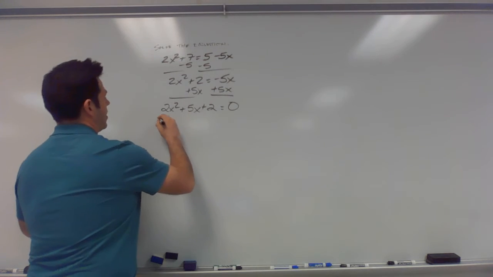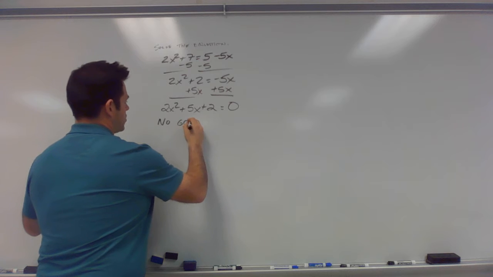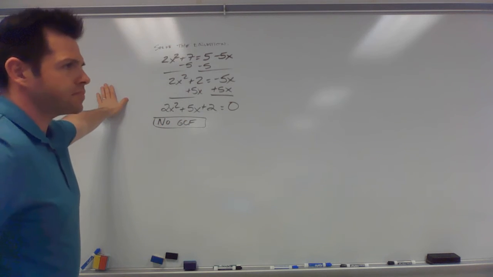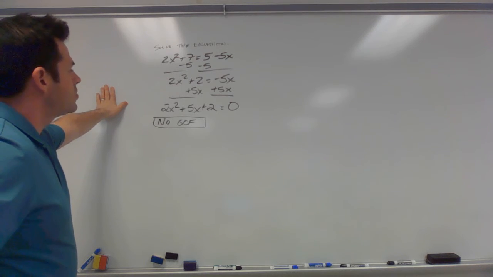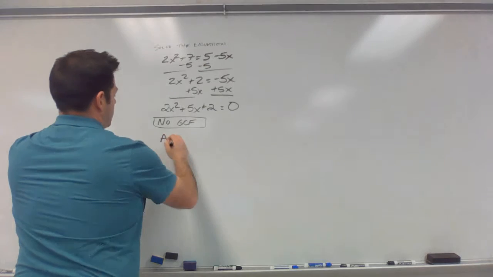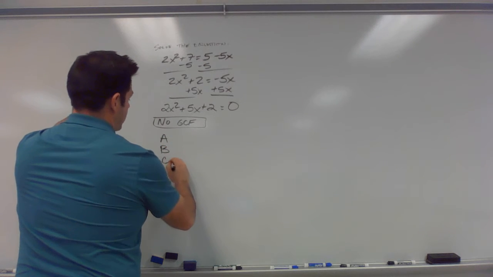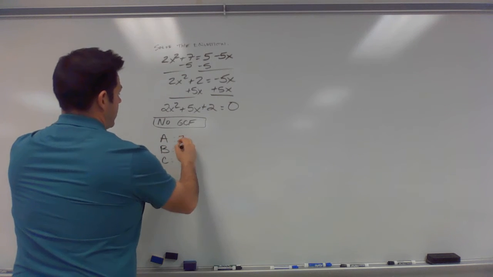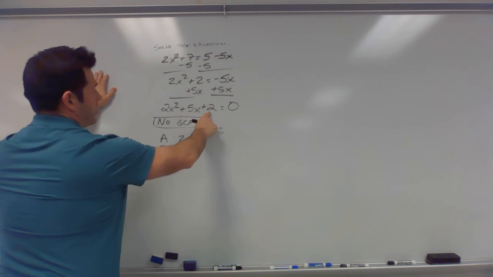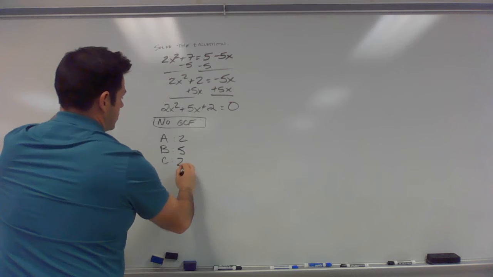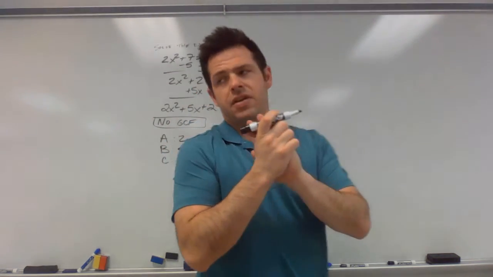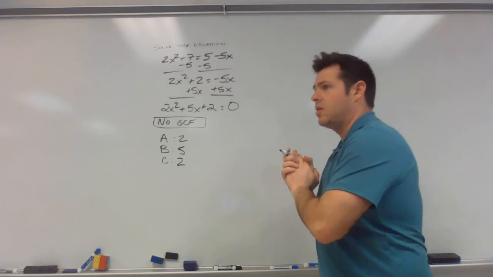We're going to go ahead now and try this factor by grouping situation. So take a look. A, B, and C is where we're starting off with this, based off of a general form of a quadratic in standard form. A value is 2. 5 is our linear term, so that's our B value, and 2 is the constant. So A value is 2, B value is 5, C value is 2 as well.